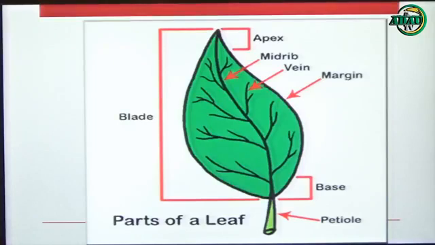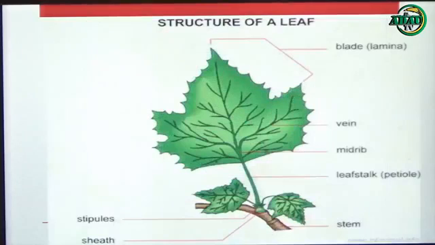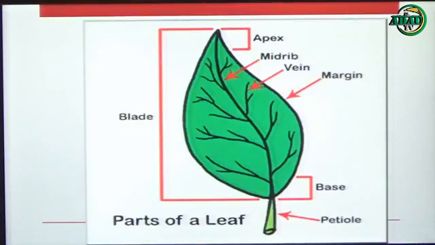And let's get acquainted with the parts of the leaf. A leaf consists of three main parts: leaf base, petiole, and the blade. The part of the leaf where the leaf is attached to the stem is called the leaf base.